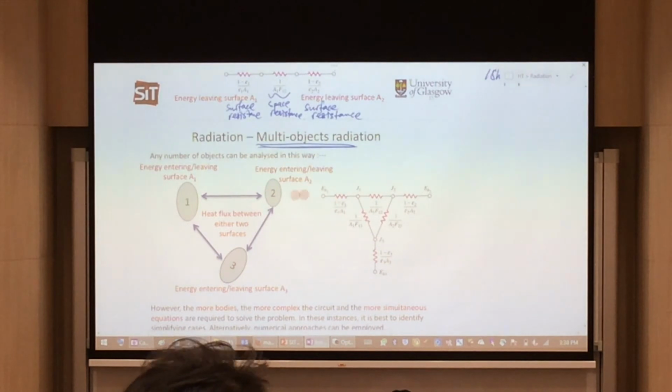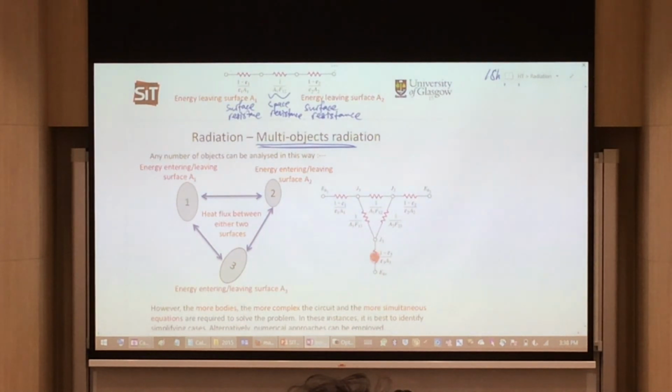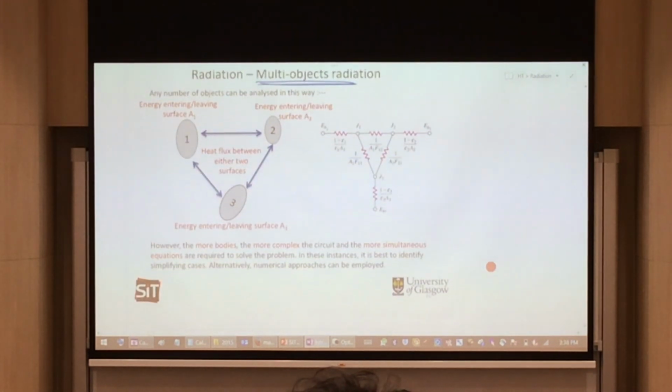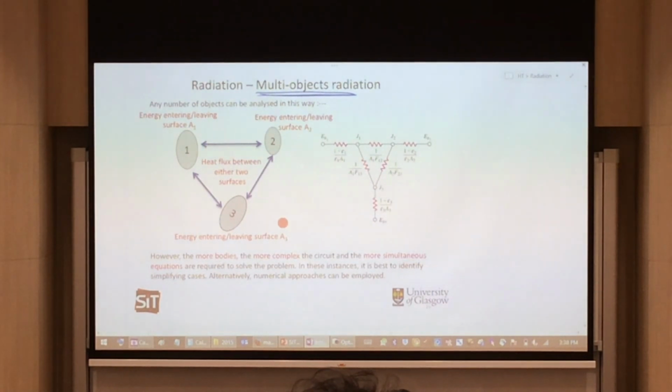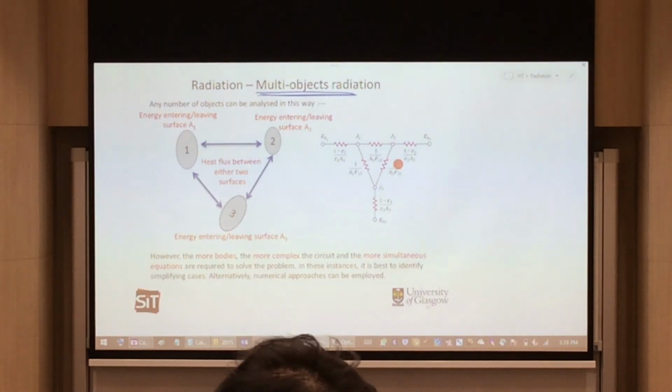You have this part as the surface resistance of object 1, this one as the surface resistance of object 2, and this one as the surface resistance of object 3. And in between them is a parallel circuit. These are your respective space resistances. So the more objects that you have, the more complicated it is, and the more simultaneous equations you need to solve.